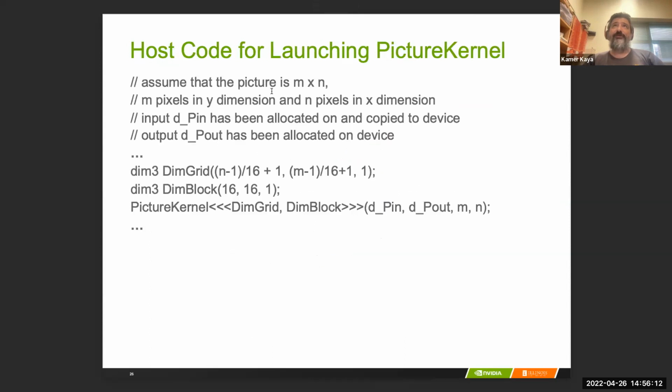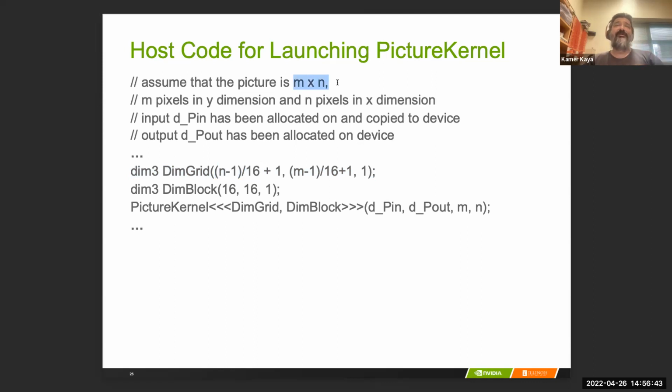Let's continue. How do we launch that? Well, the picture sizes can change, but for the block sizes I want to use 16 by 16 blocks. So this is constant, this is fixed. For the grid, I need to do again the syntactic sugar: (n minus 1) divided by 16 plus 1, or (n plus 15) divided by 16.